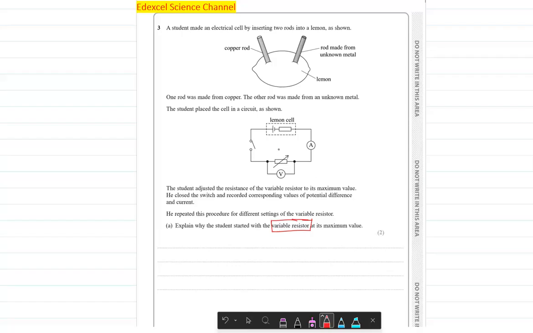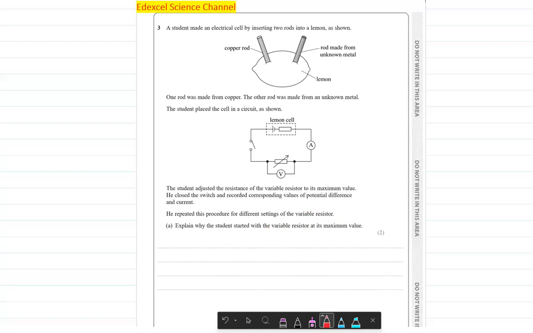So you can increase the resistance or decrease the resistance, instead of a fixed resistor, which has a fixed resistance.